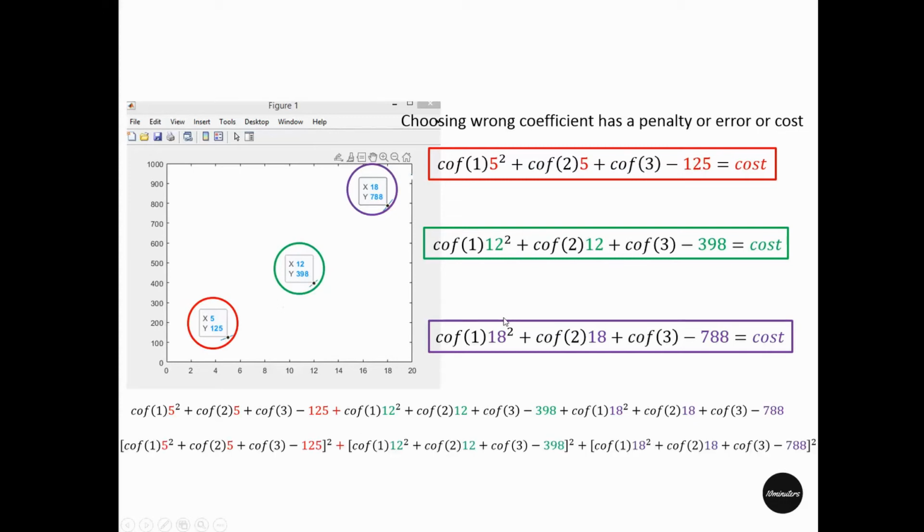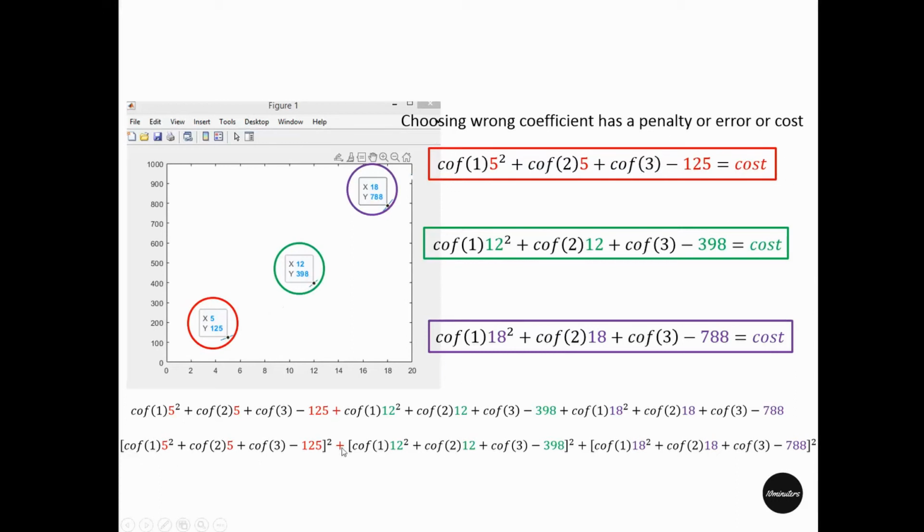Not only that, because if we have positive cost here and negative cost here, both are errors, but if we add them, positive and negative, they will cancel each other to a certain level, and it will show that you don't have much error. So to not get into that trap, each cost we are going to square.